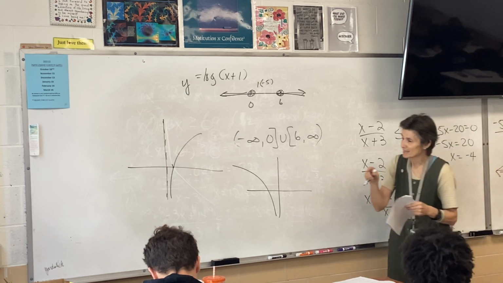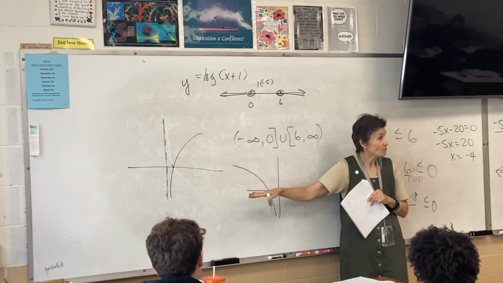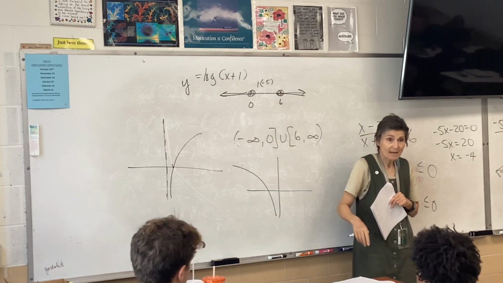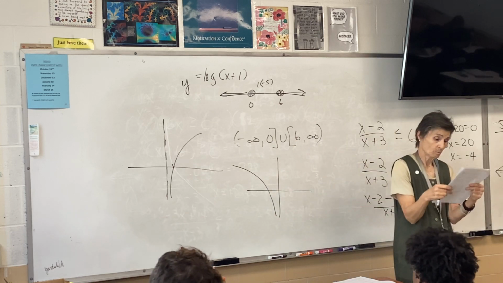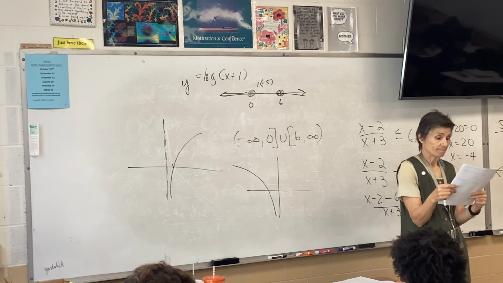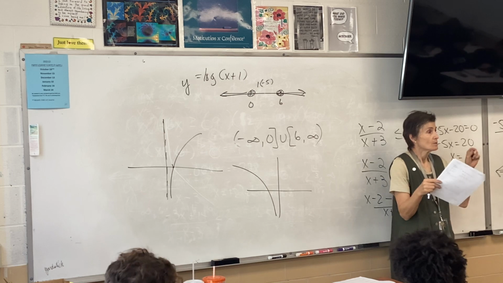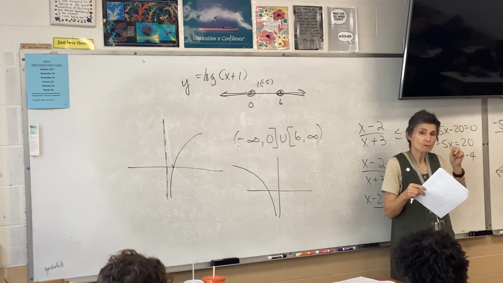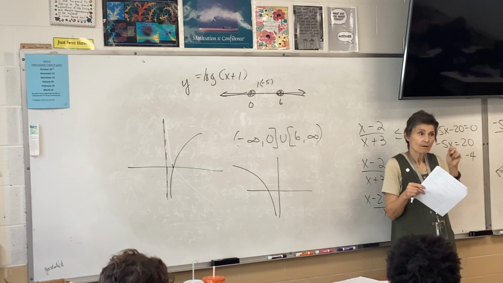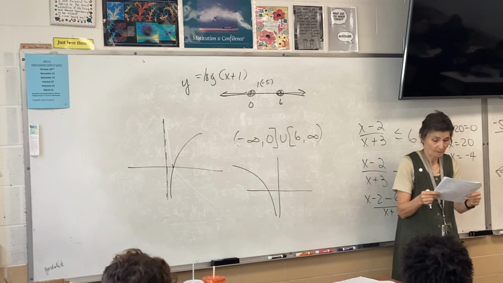So that means not only have we flipped it this way, but we've turned it upside down, and it has an asymptote at 4. Well, which picture is that? C. C. All right, so we just walked through those problems. Everybody making sense out of that? Okay.